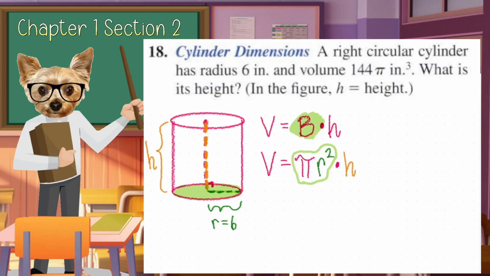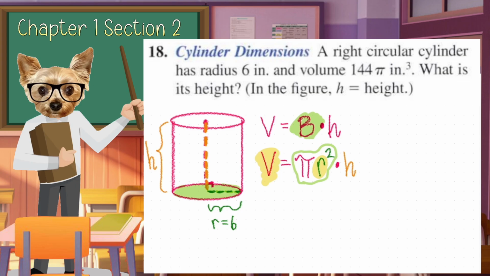Now the problem told us what the volume was, so that means we're going to have something to plug into a few of these spaces. It told us that the volume is 144 pi inches cubed and that the radius is 6 inches, and it wants us to solve for the height. So that's all we're going to do. We're just going to fill in and solve.